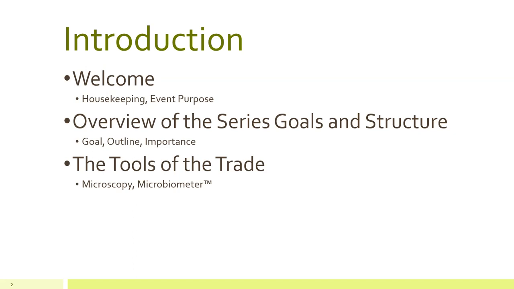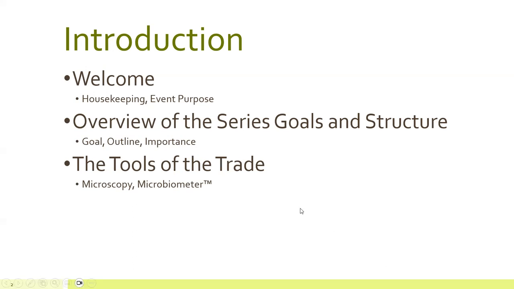Again, the purpose of this event is to create some type of understanding behind the microbial world and the role it plays in agriculture. We will also be discussing the tools that we actually use to interact with these microbes in terms of quantifying and monitoring.